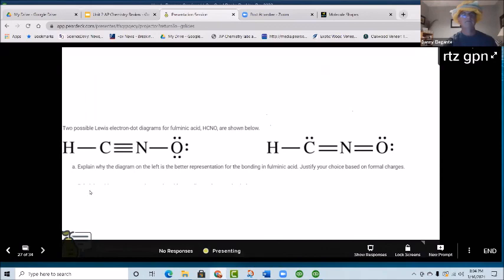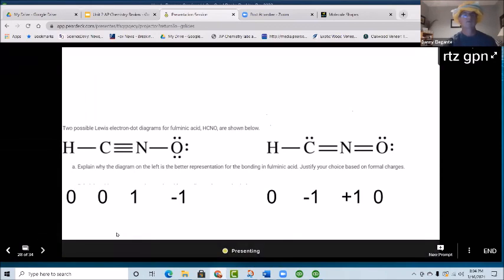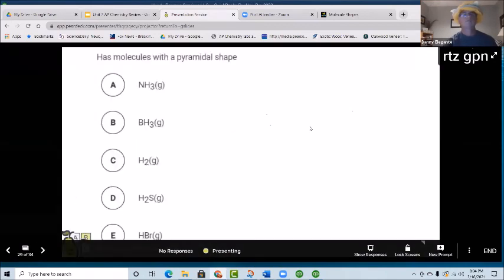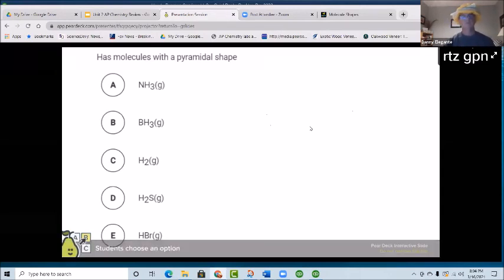All right, and then to finish up, which one of those molecules is going to have a pyramidal shape? So A, B, C, D, or E, which one is going to be a pyramidal shape? So trigonal pyramidal.